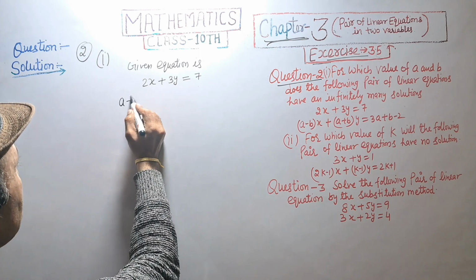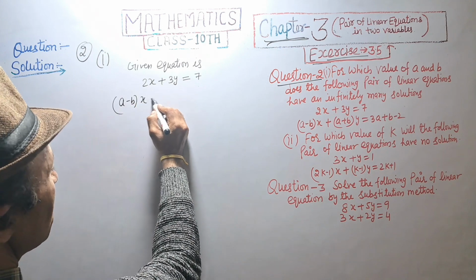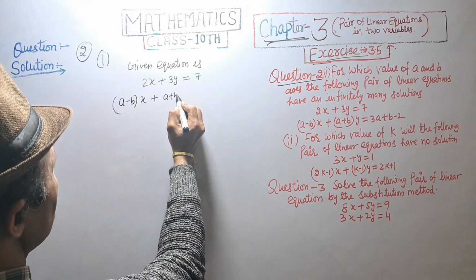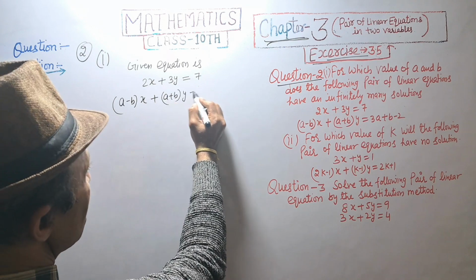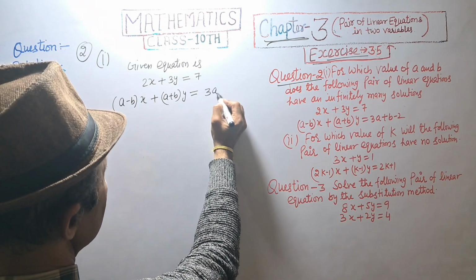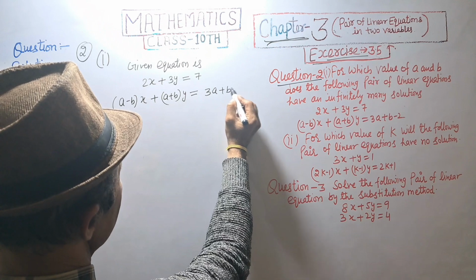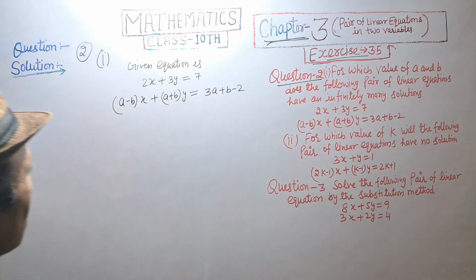and (a minus b)x plus (a plus b)y is equal to 3a plus b minus 2.